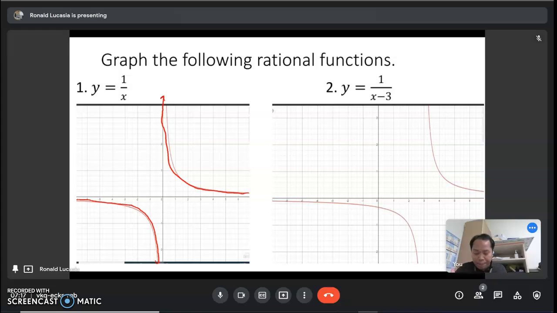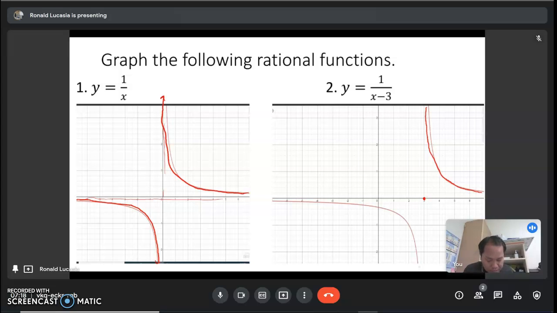So this way, this will be the vertical asymptote, and this is the horizontal asymptote. For number 2, as the graph approaches positive infinity, it gets closer and closer to x equals 3.